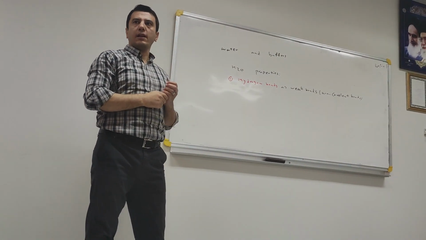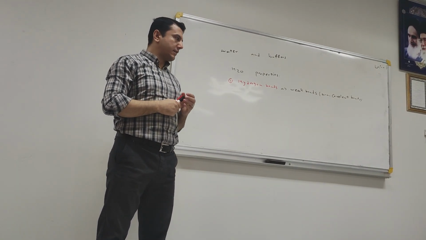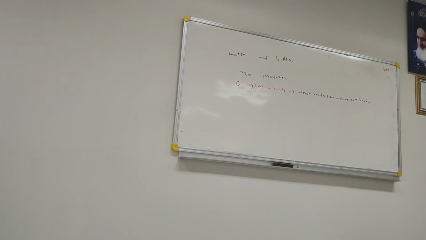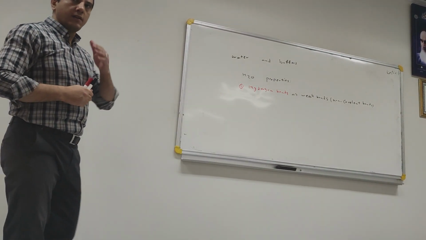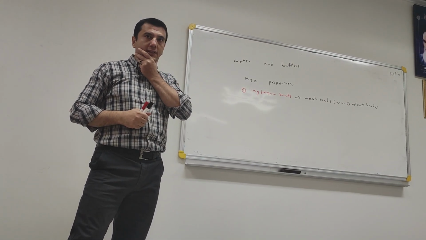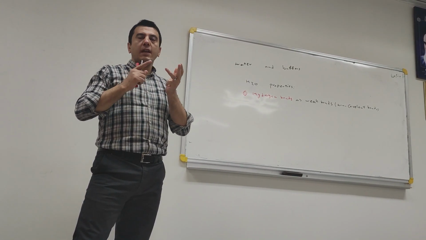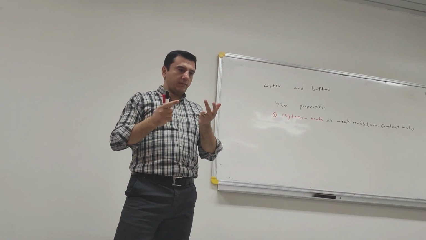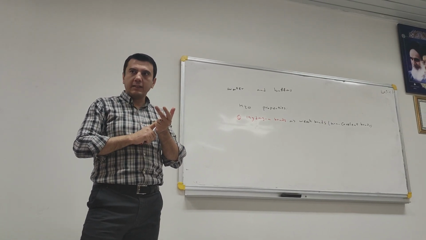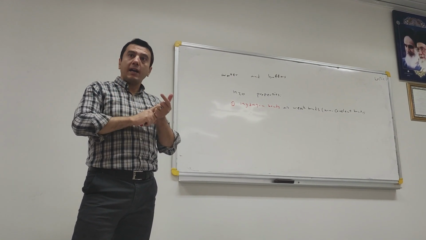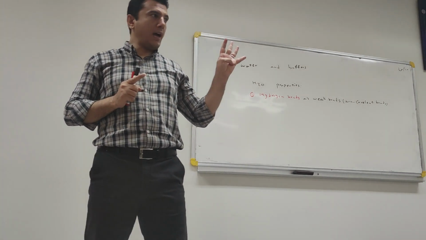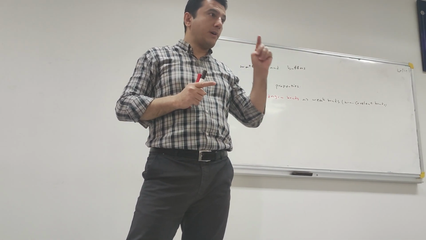Can someone tell us what are the other bonds? Ionic bond. Very good. This is a strong bond. And covalent bond. van der Waals interaction. Van der Waals interaction, hydrophobic interaction, ionic bond, and hydrogen bond are the four types of non-covalent bond.